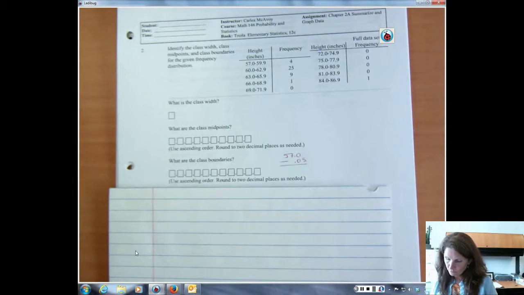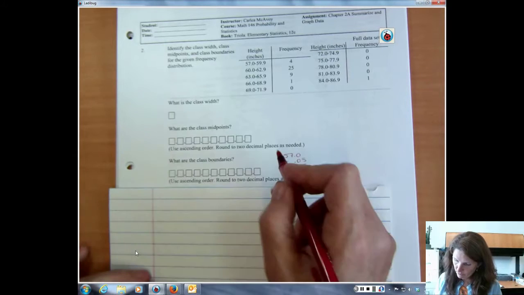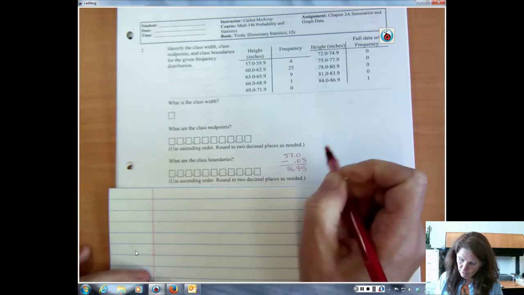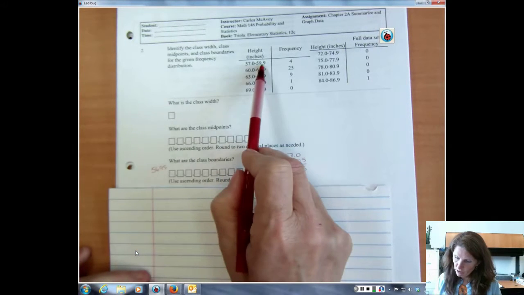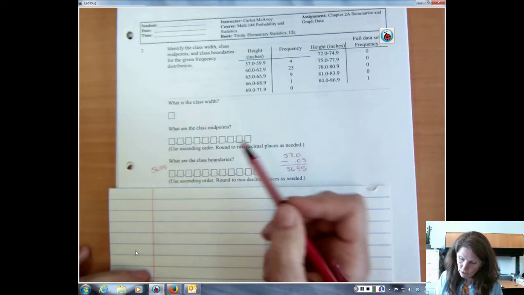And so 57 minus 0.05 is 56.95. And that would be my first one. And then in this one, my class width was 60 minus 57, or 3 again.